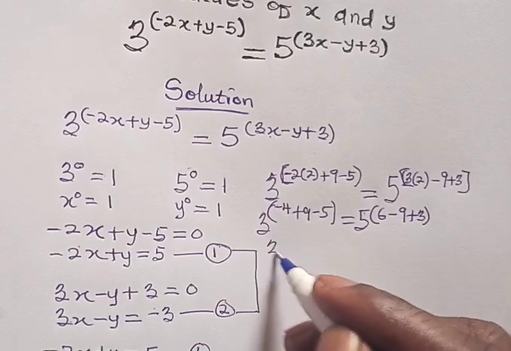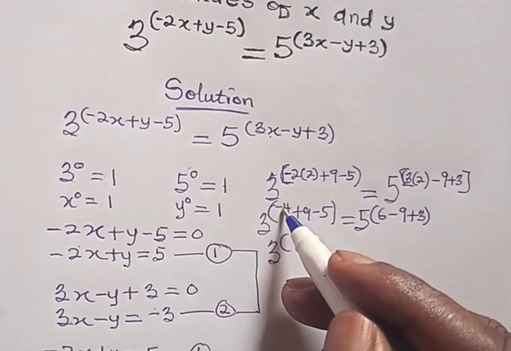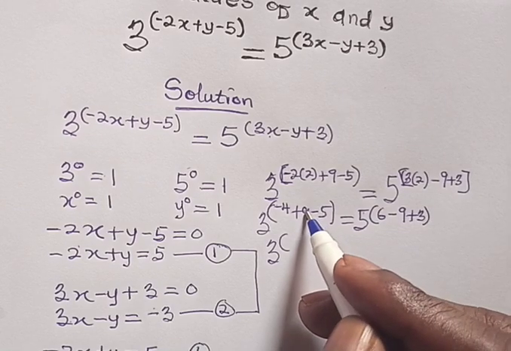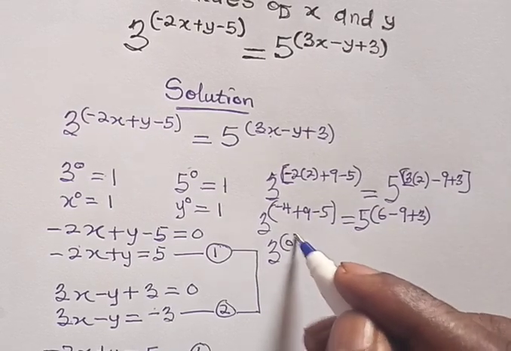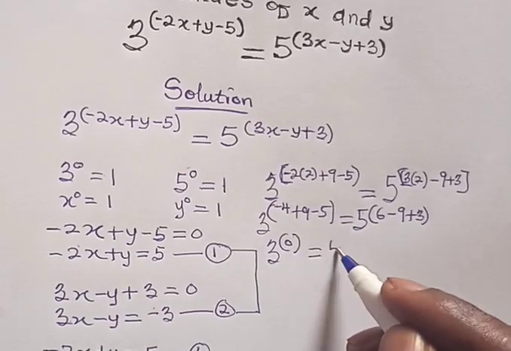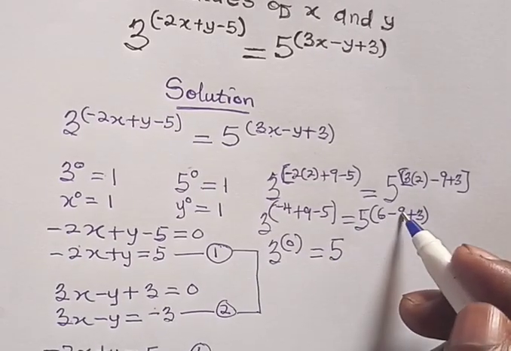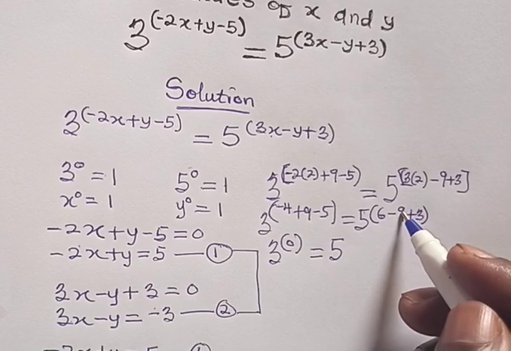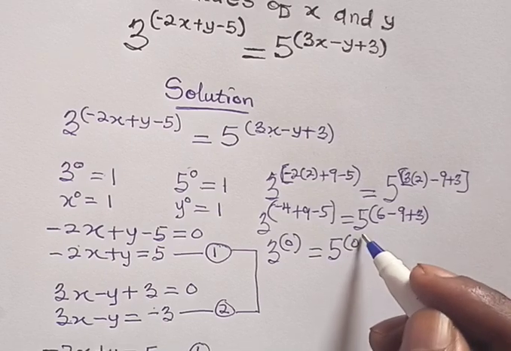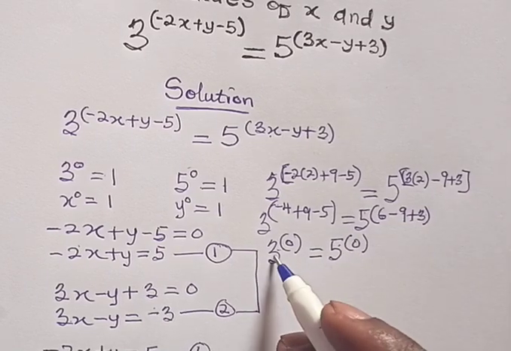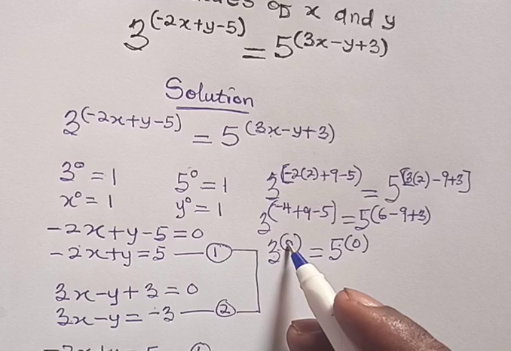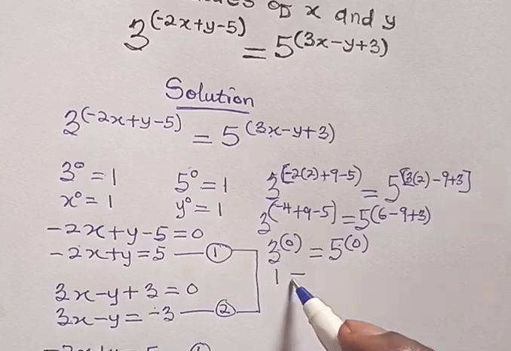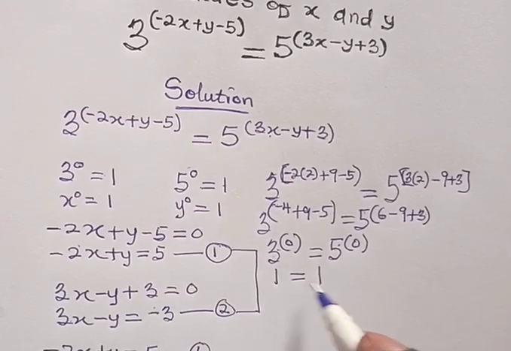And we can continue by writing, so negative 4 plus 9 gives us 5. 5 minus 5 gives us 0, which is equal to 6 minus 9 gives us negative 3, plus 3 also gives us 0. So you see, 3 exponent 0 gives us 1, and 5 exponent 0 also gives us 1. So you see that this side is equal to this.